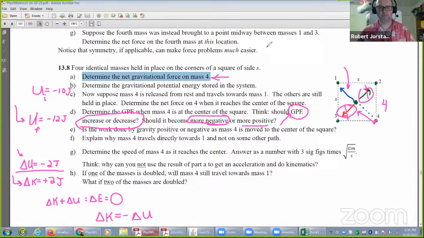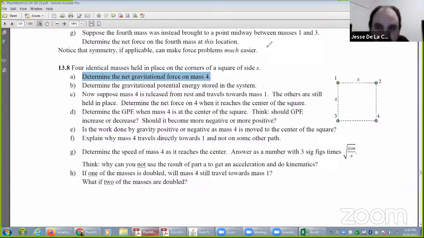Hope so. Okay. So, all right. Did gravity do positive or negative work as mass 4 is moved to the center of the square? What was the change in potential energy?